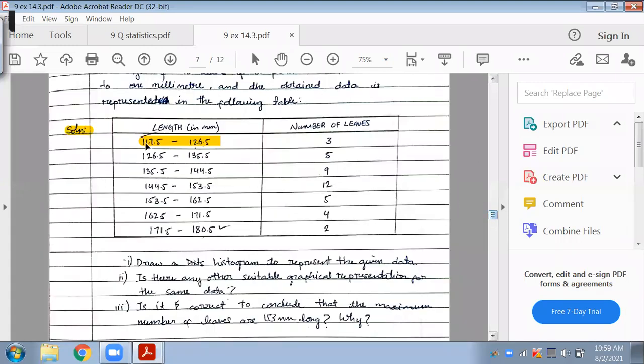Next will be 117.5, then 126, then 135, then 144.5, 153.5, 162.5, 171.5, 180.5, and one extra also we'll take.